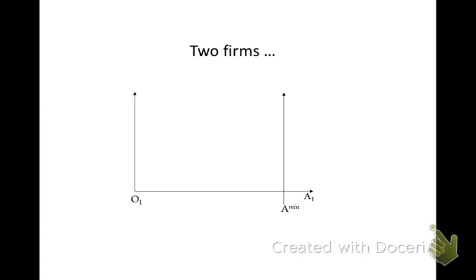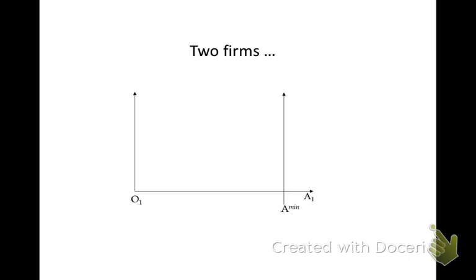We have a target, which is A min. We get the target by summing the abatement of the first firm and the second firm. If the first firm does all of the job, so gets alone the target, the other firm doesn't need to abate. Is it clear? So in this point, the abatement of the firm 2 is 0.